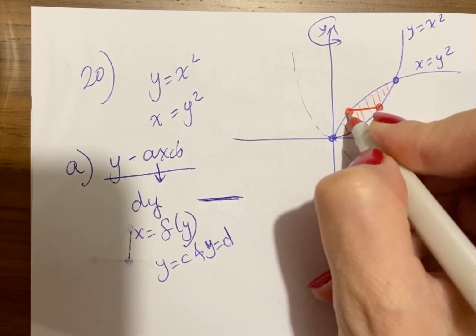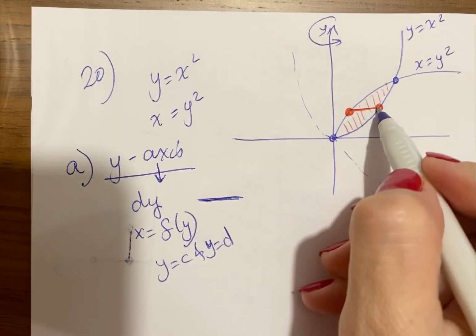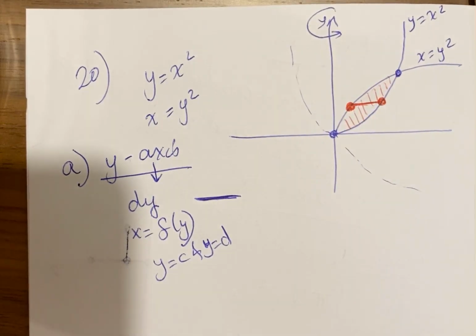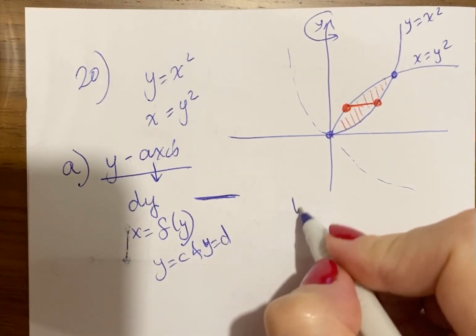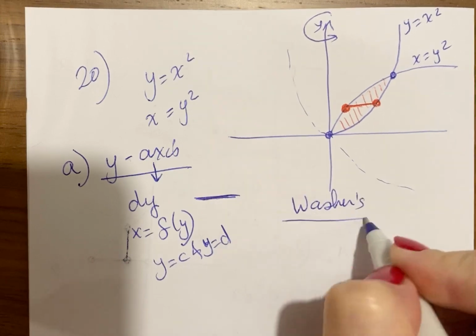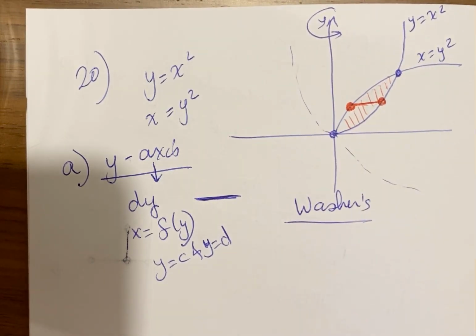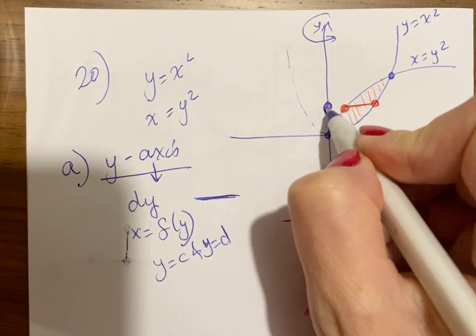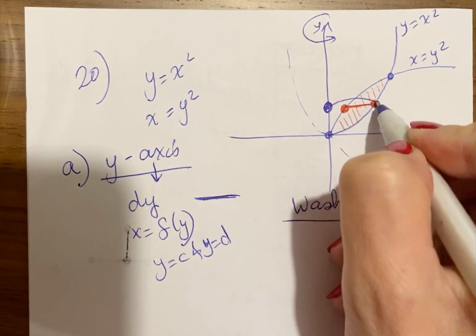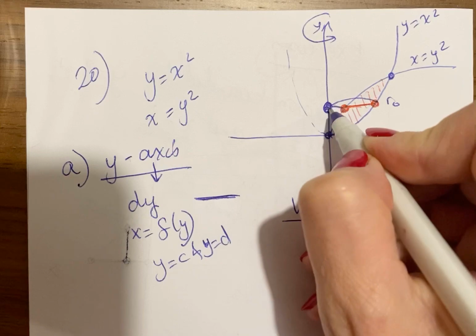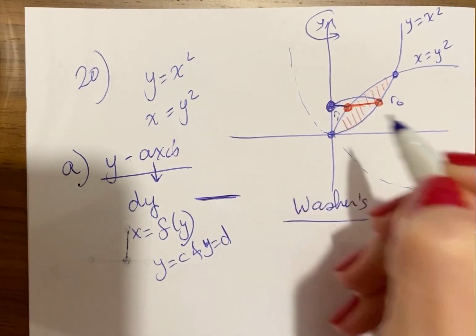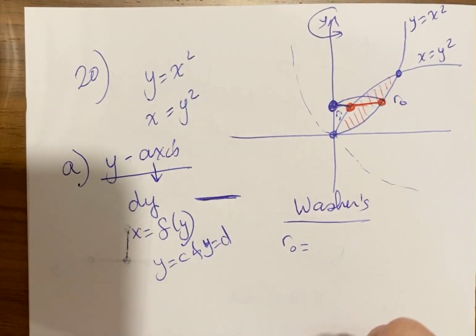It looks like this. Is it stuck to the line of revolution? No, there's a space. If there's a space, that means washers. When it's washers, we need outer radius and inner radius. How do we form outer and inner radius? From the line of revolution to the outside, that's our outer. From the line of revolution to the inside, that's our inner. How much is it equal to?